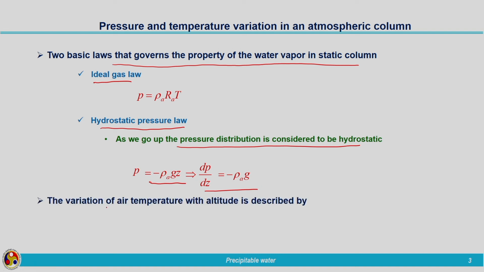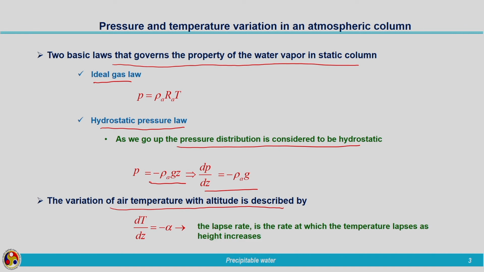Now, we need an idea about the variation of air temperature with altitude. This expression is also very familiar to you, that is dT by dz is equal to minus alpha. Alpha is nothing but the lapse rate. What is lapse rate? It is the rate at which the temperature lapses as the altitude increases.